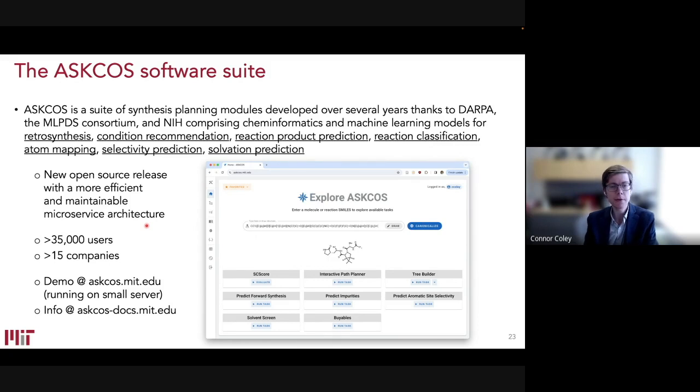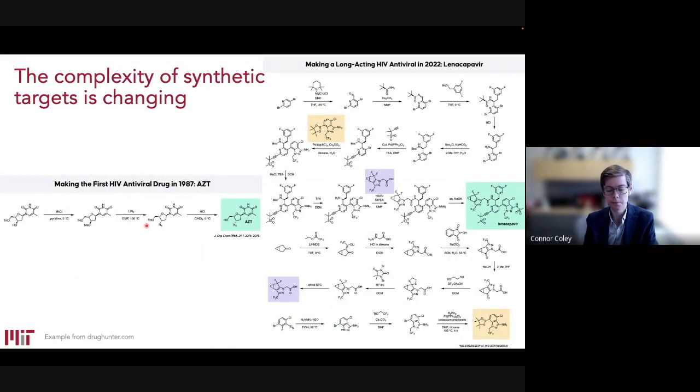Now, even though a lot of the basic capabilities are there, and new predictive tools and models are being added constantly, there's a couple of limitations that I want to point out in the last few minutes that we have. So one thing is that synthetic molecules are changing in their complexity.